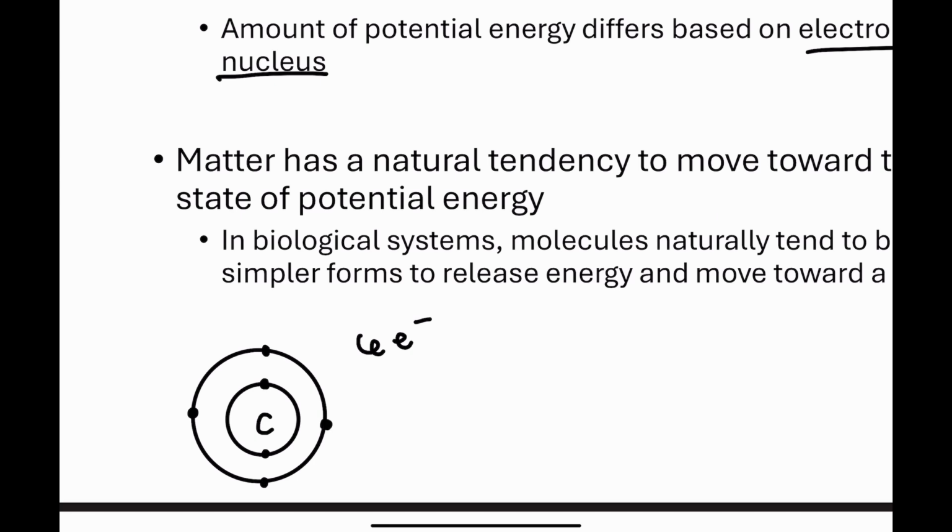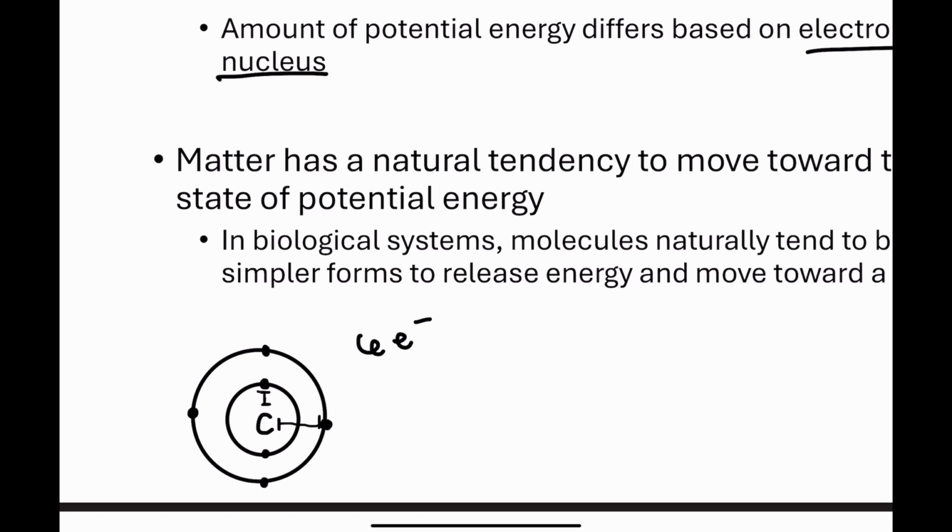What I'm trying to say when I say that the potential energy of electrons is due to their position relative to the nucleus is that the electrons inside the first shell have less distance to the nucleus. So they have less potential energy than the electrons that we find in the second shell.